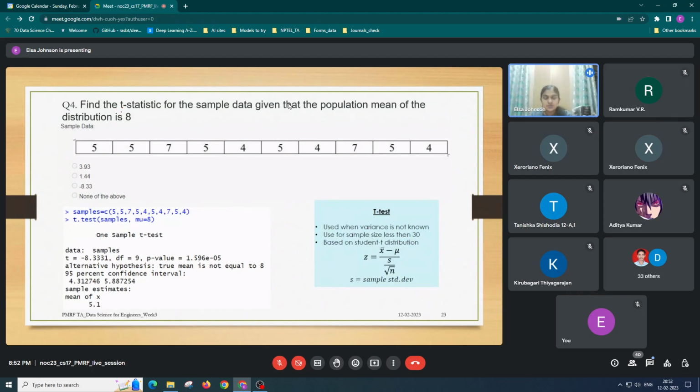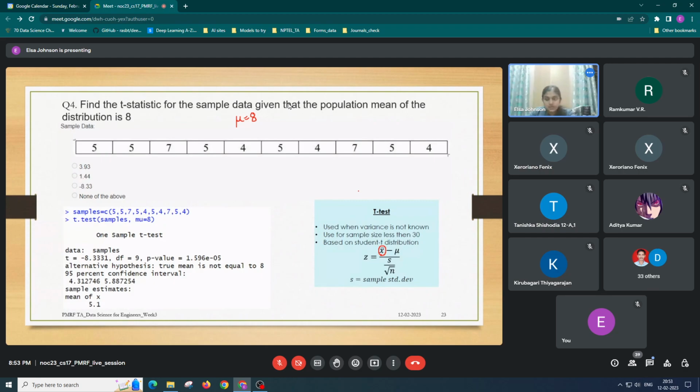This question asks: find the t statistic for sample data given that the population mean of the distribution is 8. So the population mean is given here as 8, and you are given just the samples. In this case, x bar you have to calculate from your samples.